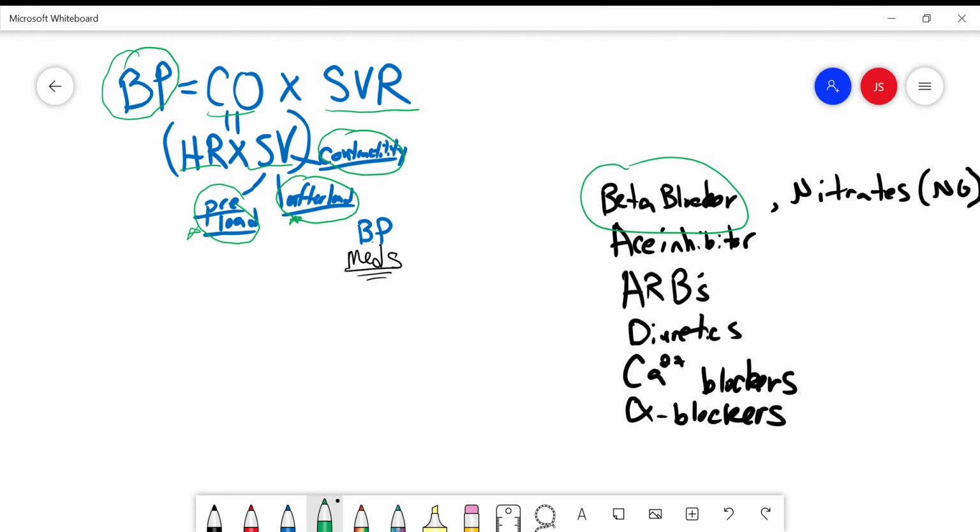Well, at least one of the ways the beta blocker works is by blocking the beta receptors on the heart, which would usually be stimulated by the sympathetic nervous system to increase the heart rate. The beta blocker is blocking those receptors. Therefore, we are decreasing the heart rate.